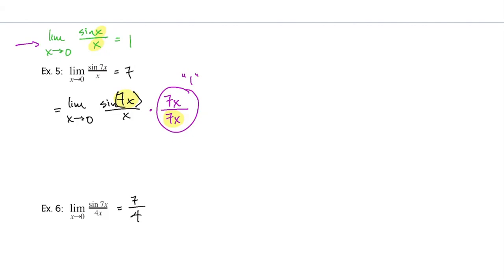But the way I chose to write 1 meant that the thing that's being signed, that 7x, is now the same as the denominator.